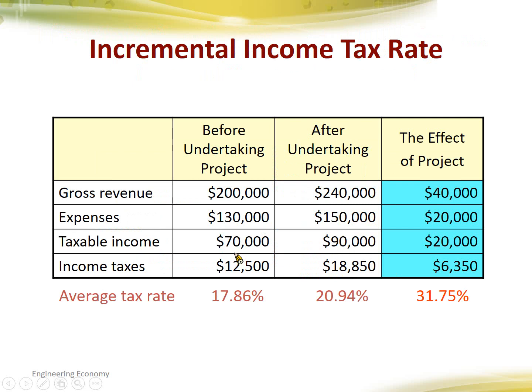So before undertaking the project, this is the situation. We compute the average income tax rate, which is 17.86. After adding this 40,000 to the existing projects, we have higher gross revenue, higher expenses, and our taxable income rises from 70,000 to 90,000.